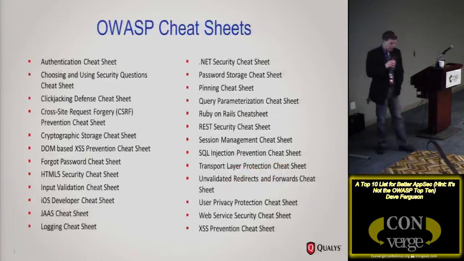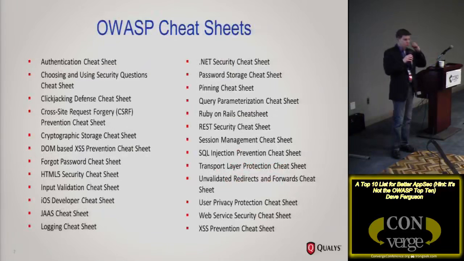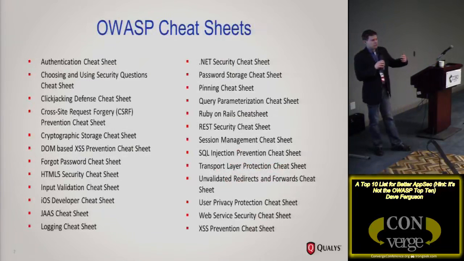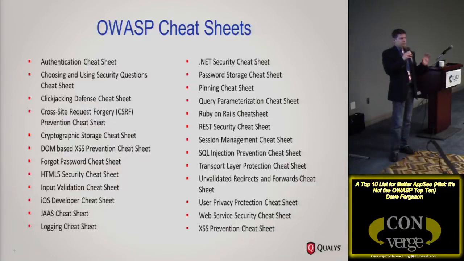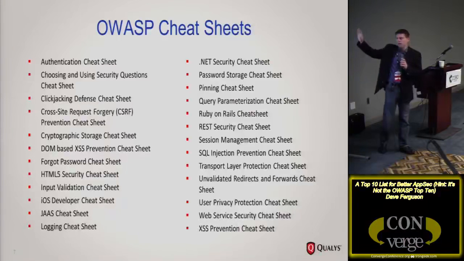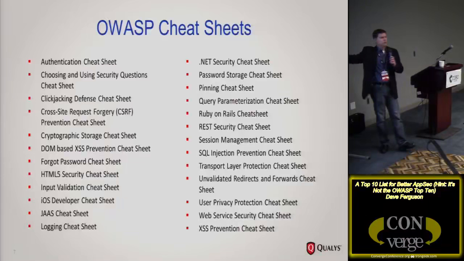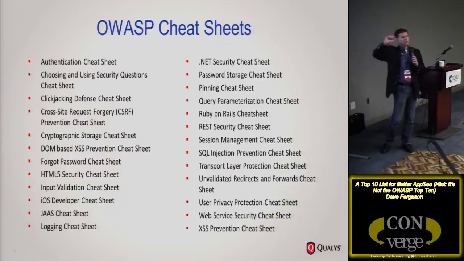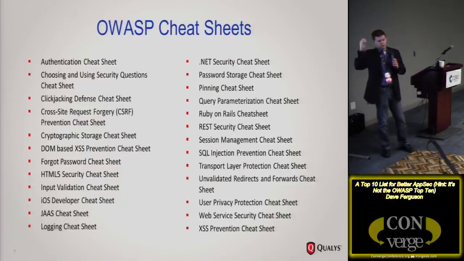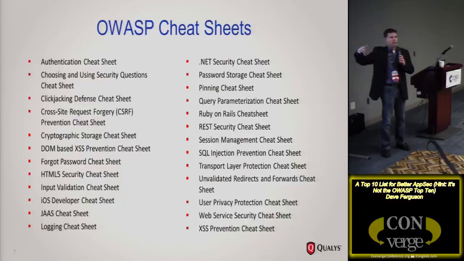So I did want to mention also that the proactive controls, there's really a lot of supporting documentation for implementing the controls, and the vast majority of that is going to be found in the OWASP cheat sheets. I didn't even list them all here, but there's a very large number of cheat sheets on different topics that if you need to secure your application against SQL injection, how do you do that?